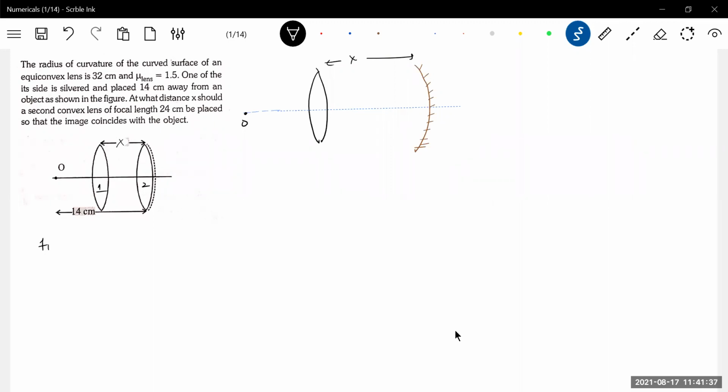Now, which is the focal length? The focal length f2 we have to find out. So how to find it? 1/f2 equals (mu minus 1) times (1/R minus 1/R...) with mu equal to 1.5, minus 1.